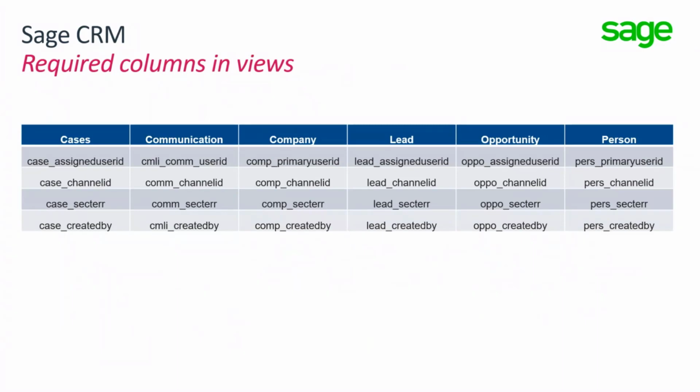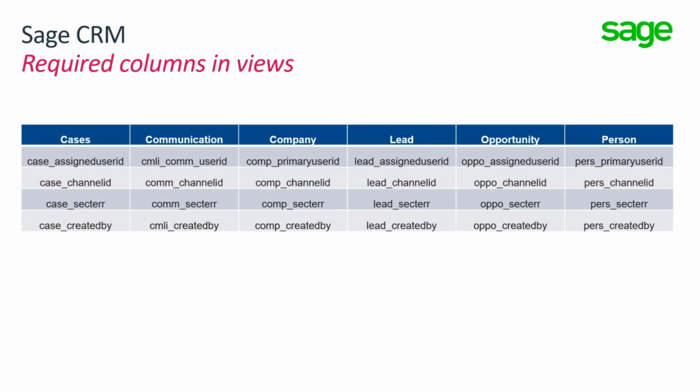And these columns differ in name from table to table. And we've got this odd situation for historic reasons. The team information is always called table suffix, so XXX underscore channel ID.